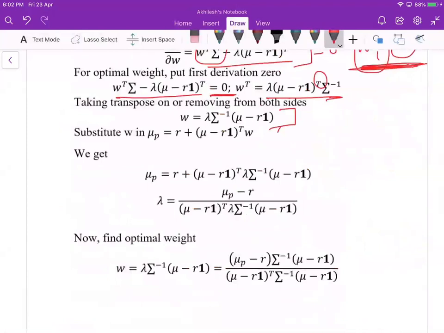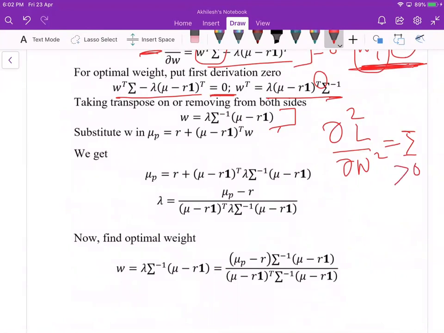Okay, when you differentiate further, which one? This one. Del 2L upon del W square. How much does this become? Just a sigma term will be left. And this is the covariance. The covariance is always a covariance matrix, and it is positive.